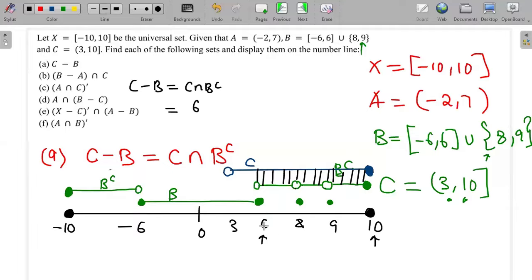So the 6 is there. But is the 6 in the B complement? No, because on the 6 in the B complement there's an open circle. So there I'll just put an open bracket like that. And then I start moving, I have a breakpoint here, that is 8. So I'm going to say comma 8, and 8, of course, is not in the B complement, so it's not in the intersection. So there will be a curved bracket like that.